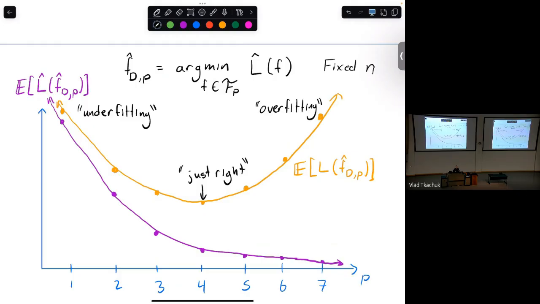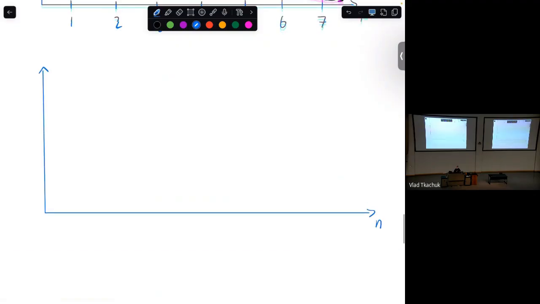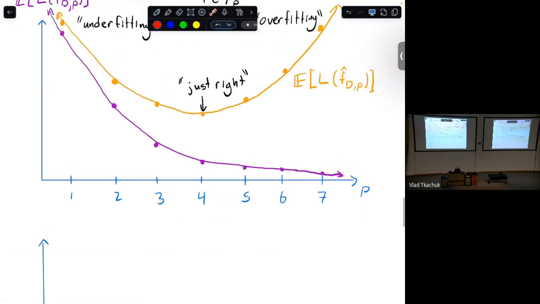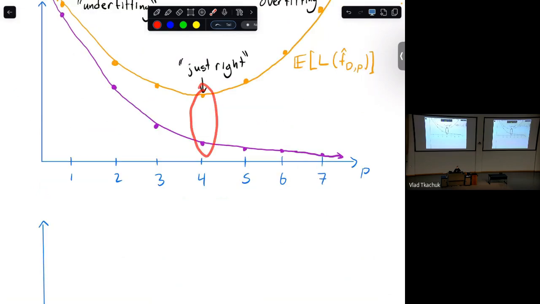The size of the data set was fixed, and we varied the polynomial degree. Now below, we're going to vary the data set size and fix some degree polynomial and see how that affects this difference exactly. Let's look at this just right point, fix the polynomial degree to 4, and see how increasing the data will cause things to vary.